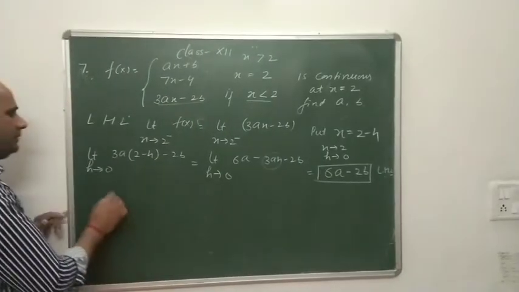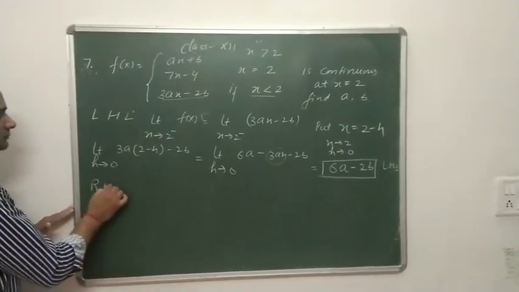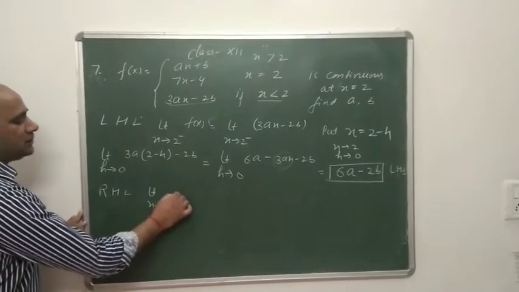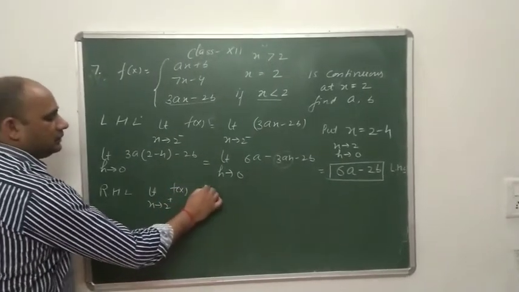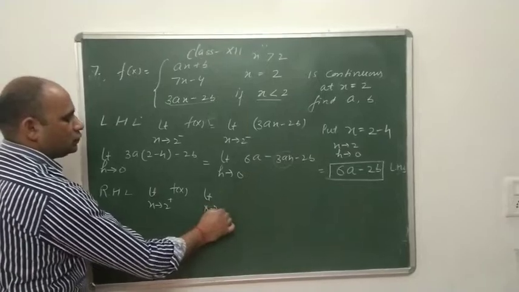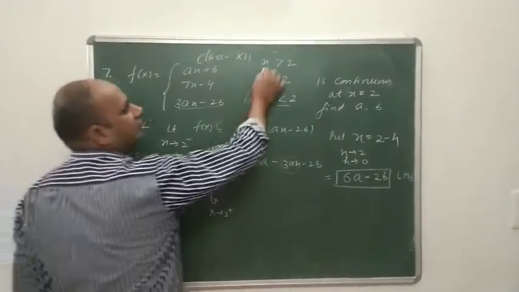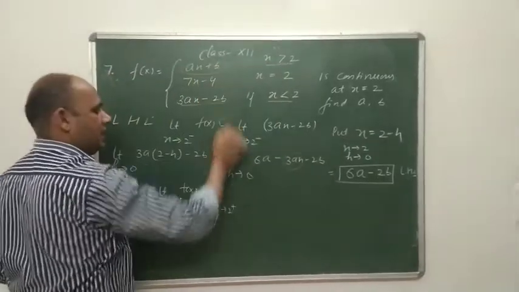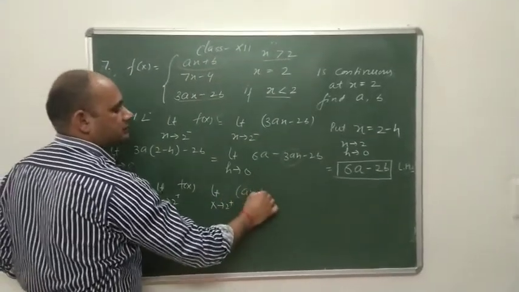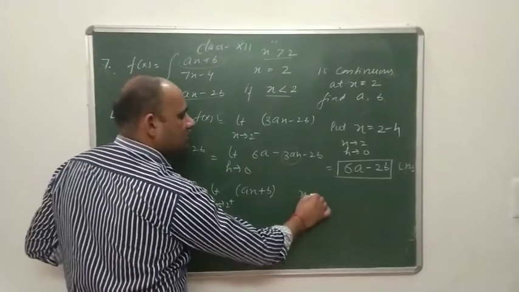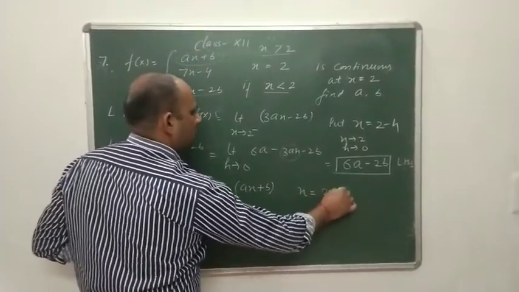Now right hand limit, x tends to 2 plus. 2 plus is greater than 2. What is for greater than 2? ax plus b. Now here also we will put x as 2 plus h.